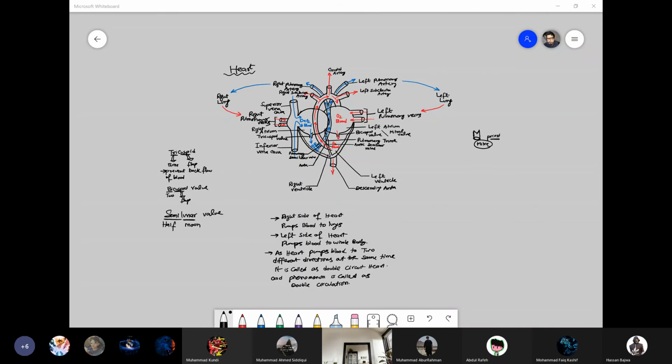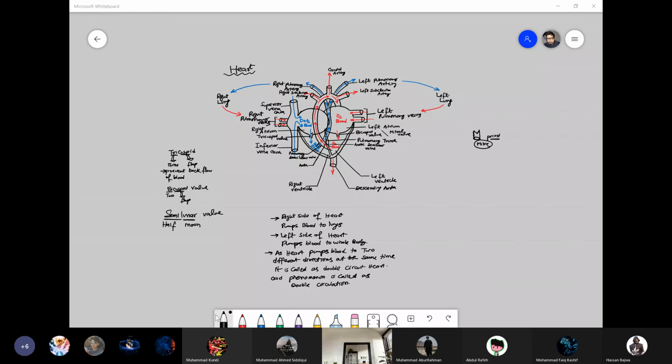Now, another thing which I'm going to tell you right now, if you pay attention towards the diagram, the left side of the heart, I made its wall a little bit thicker. Now, why did I make the wall a little bit thicker? Because this left wall is thicker than the right wall of the ventricle, because it has to pump the blood to the whole body.